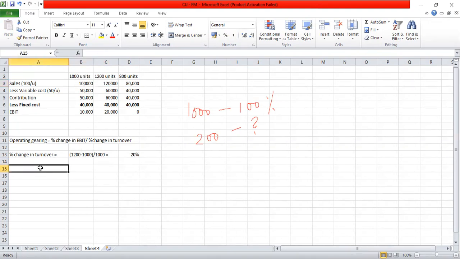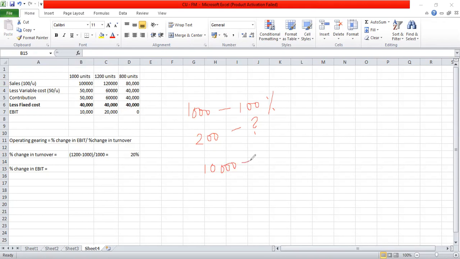Now coming to the percentage change in EBIT, the same is the logic. Earlier EBIT was 10,000. So if 10,000 EBIT is 100%, the difference of another 10,000 is what percentage?